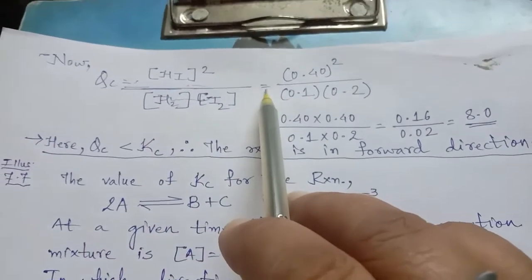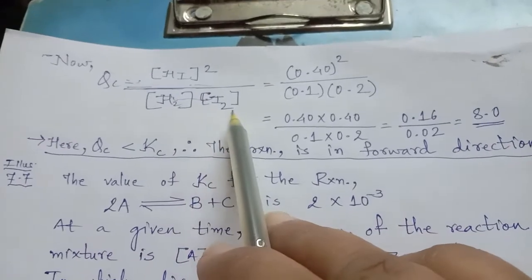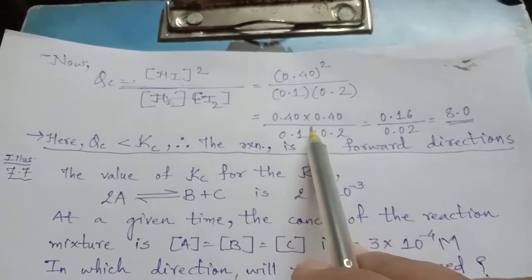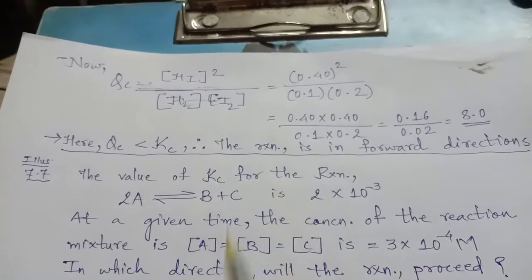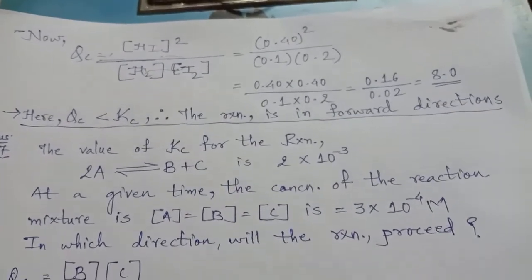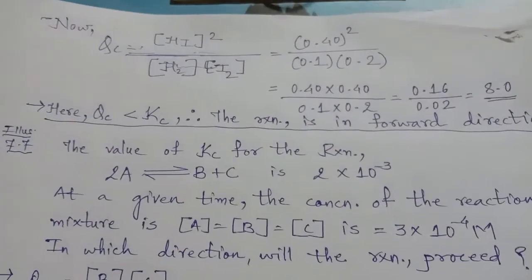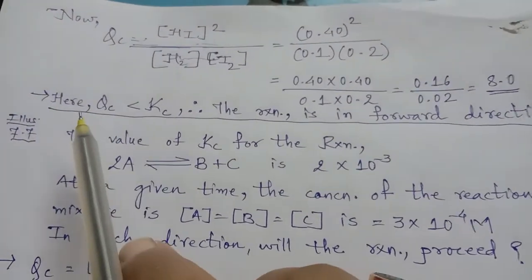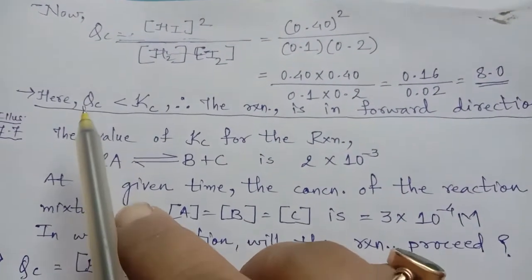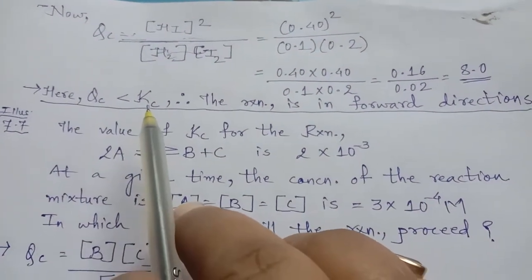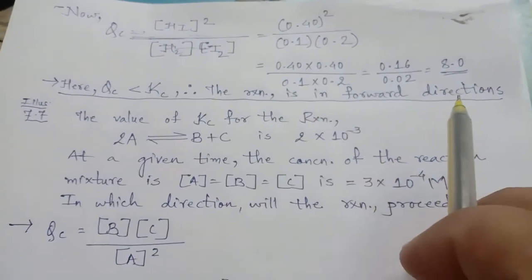Putting in the values of HI, H2 and I2, we get Qc equal to 8. So here Qc is less than Kc, because Kc is given as 57 at 700 Kelvin and we calculated Qc as 8. So Qc is less than Kc. It means the reaction is in the forward direction.